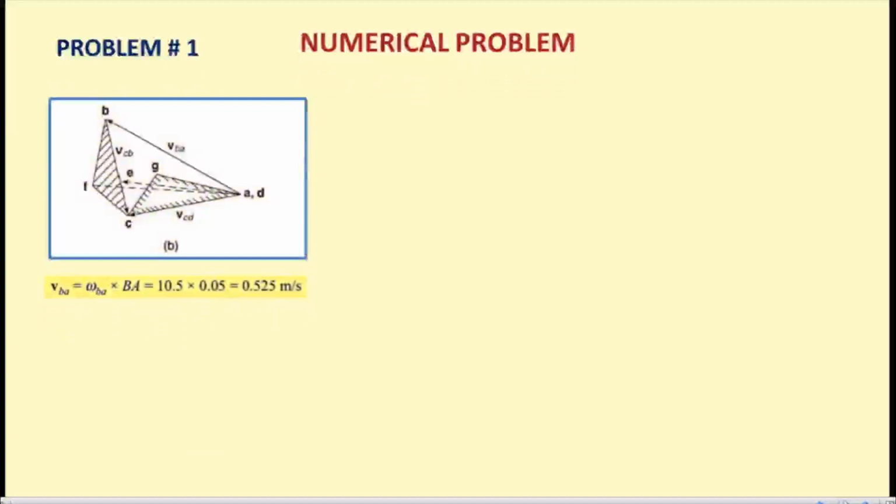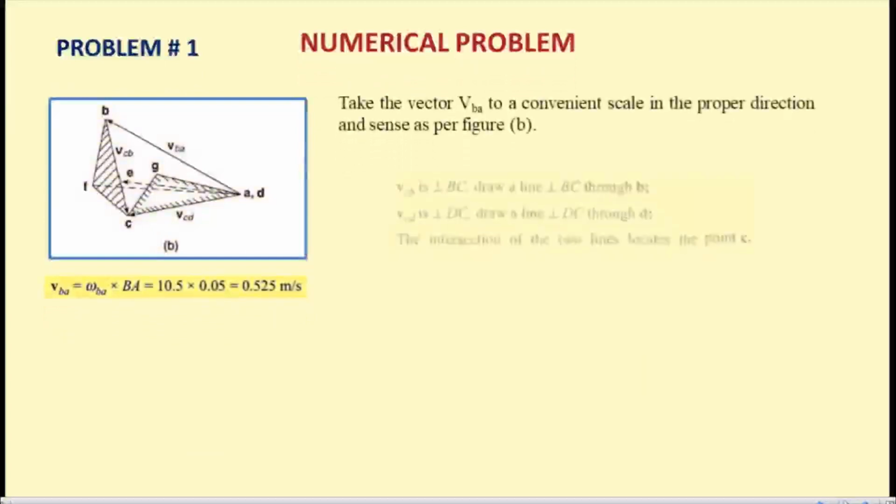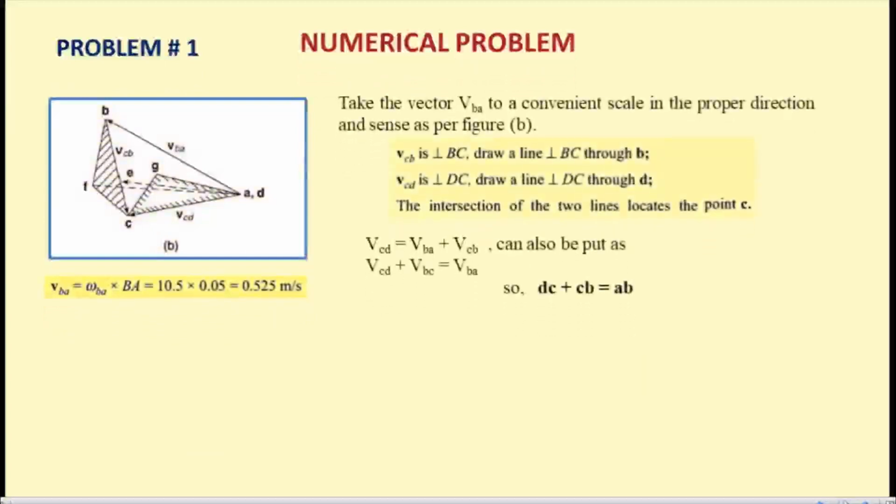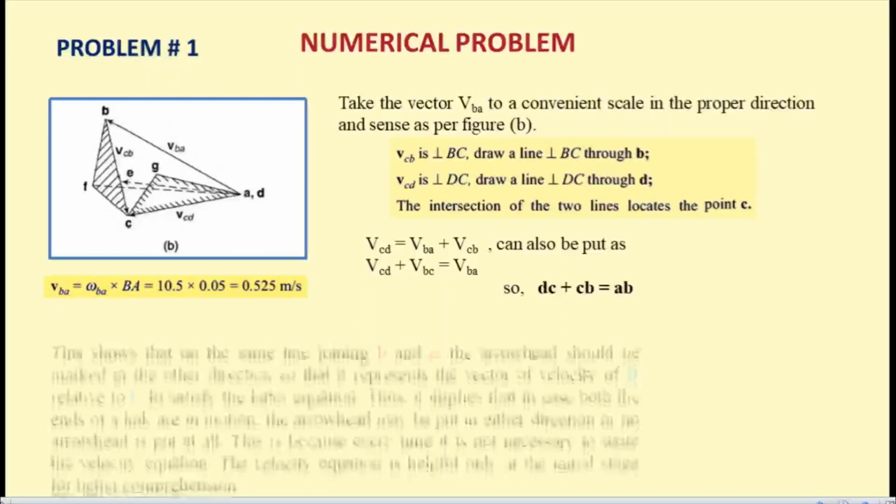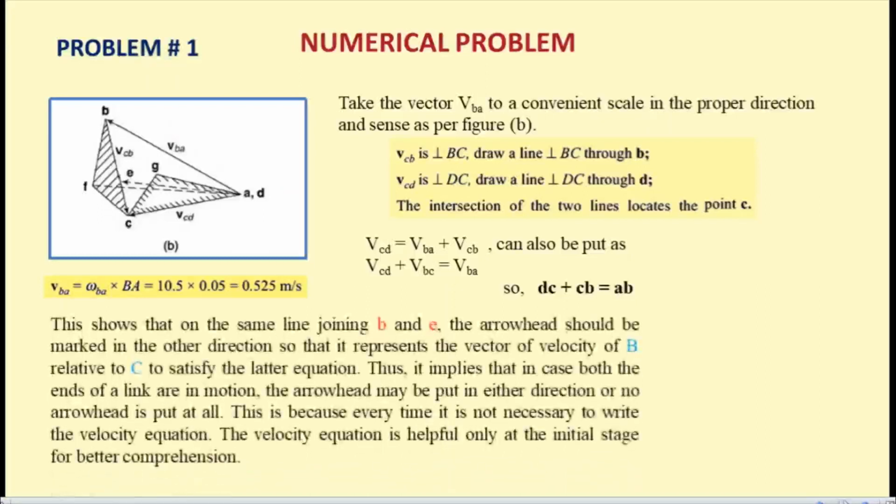So this is the velocity diagram we have finally drawn. Taking the vector VBA to a convenient scale in a proper direction and sense as per figure B, VCB is perpendicular to BC. Draw a line perpendicular to BC through b. VCD is perpendicular to DC, and draw a perpendicular line to DC through d.